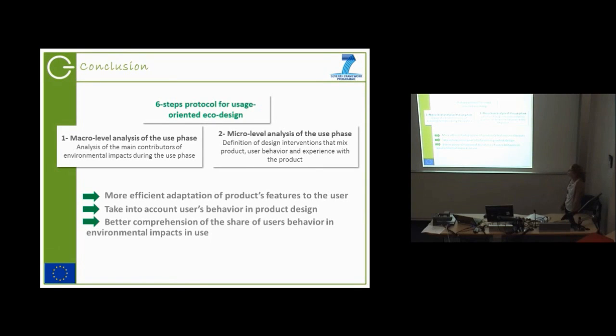It aims to get a more efficient adaptation of the product's features to the user, to get environmental performance in use, to take into account user behavior in product design, and also to have a better comprehension of the share of user behavior in environmental impact in use. It has been implemented on a case study. So those are the three main benefits. So thank you.